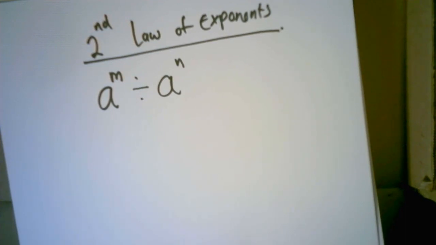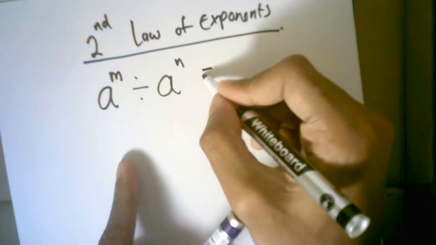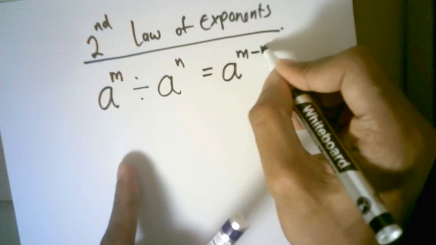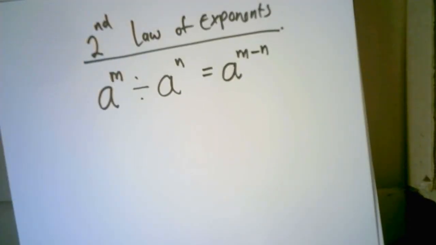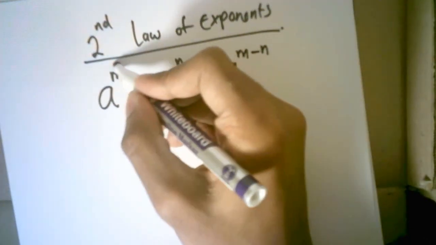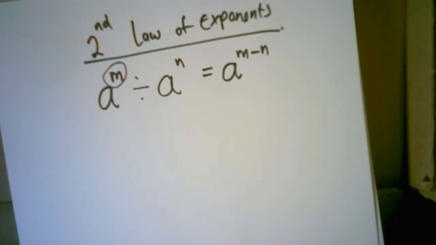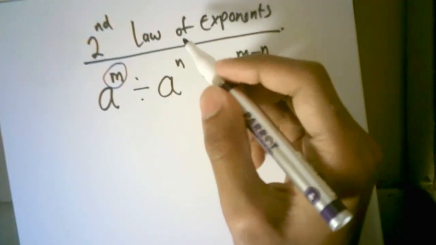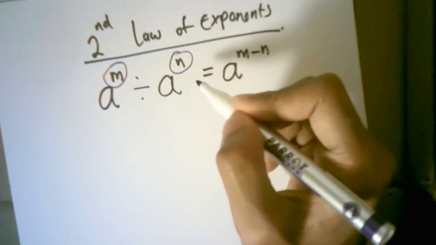Again, we can conduct an investigation, which I will conduct in class with you. But for now, due to time, this is what the law states. When dividing and the bases are the same, we subtract the exponents. So we take the first exponent, m. It does not matter if m is smaller than n. We still take the first exponent and minus the second exponent.